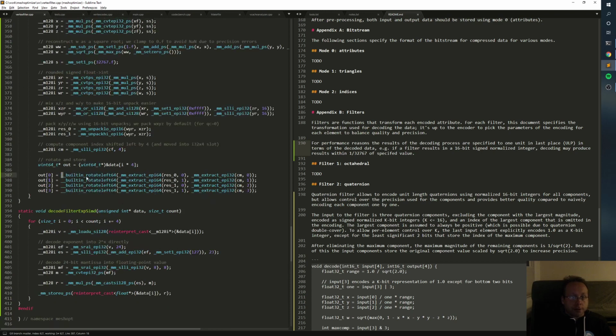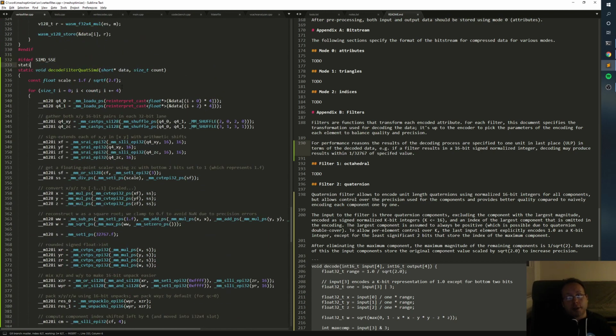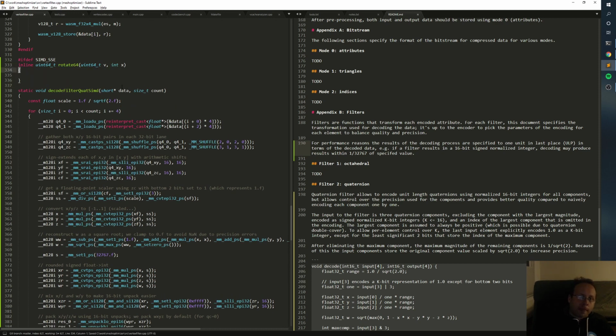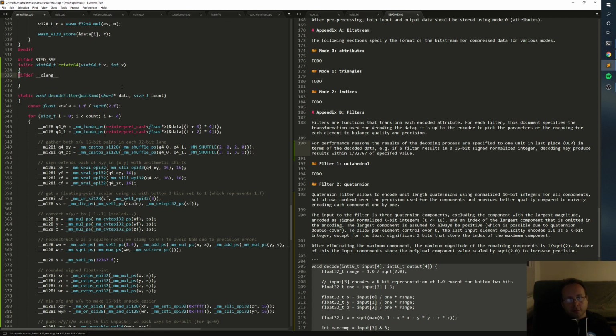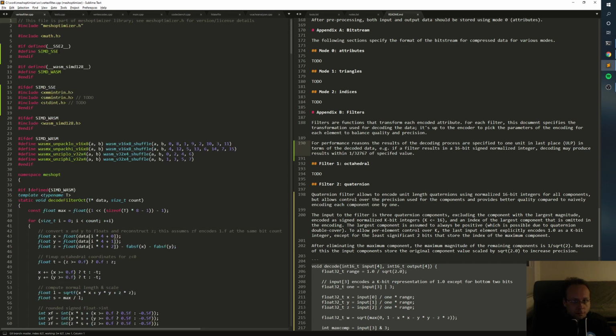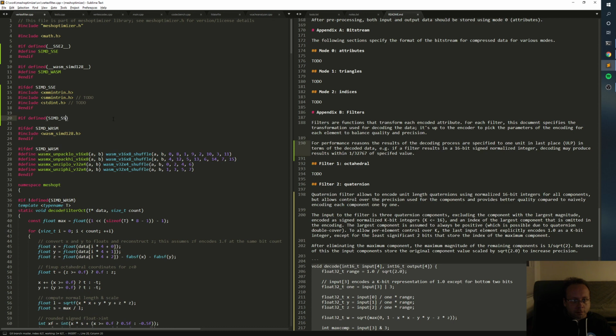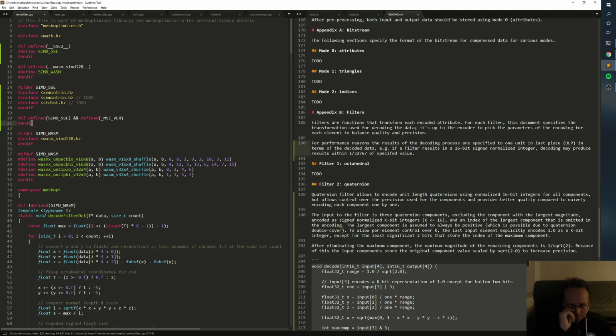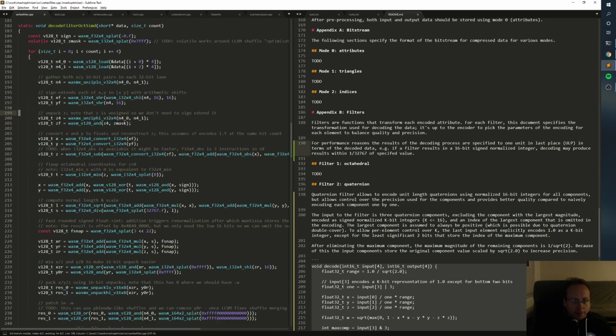So the way we are going to do this is we need a function to actually do this rotate. Let's figure this stuff out later.